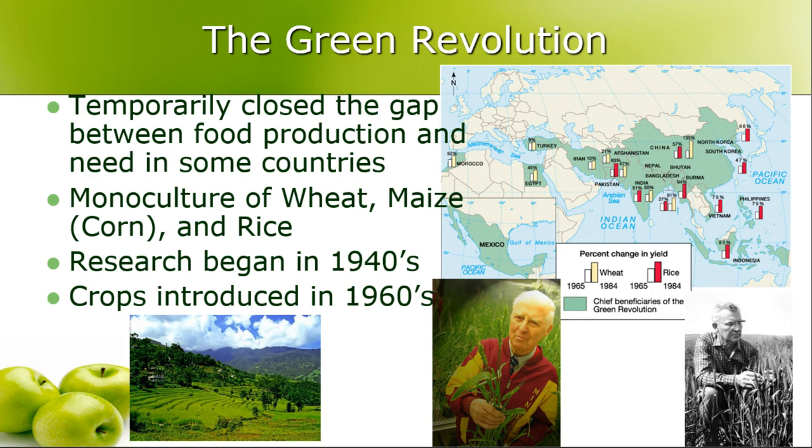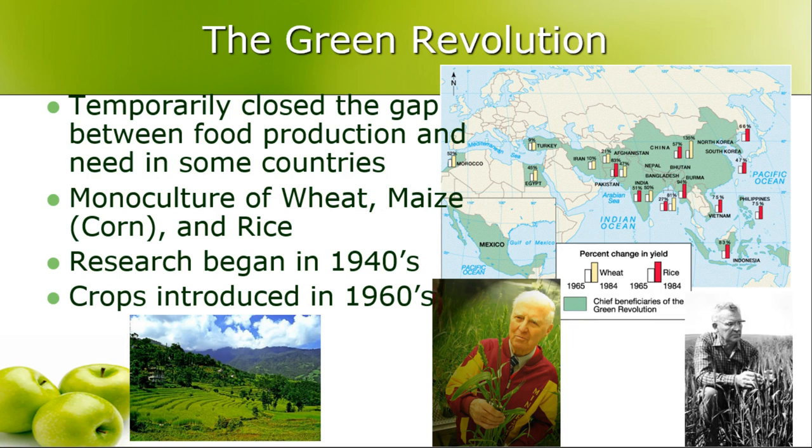The Green Revolution saved people's lives. It temporarily closed the gap between food production and population. Right? So as population is growing and food production isn't, you're ending up with starvation. And so a couple of geneticists got together and started breeding wheat.